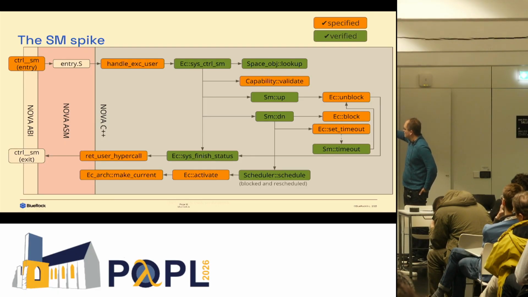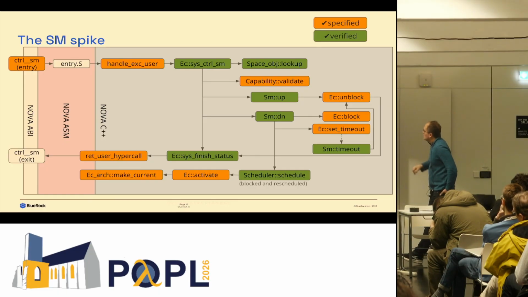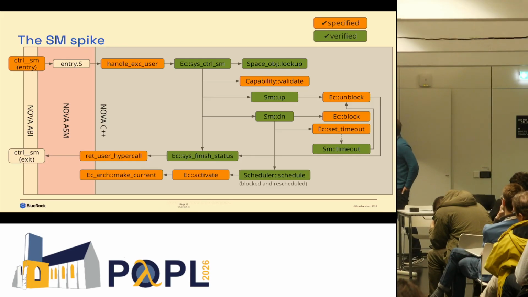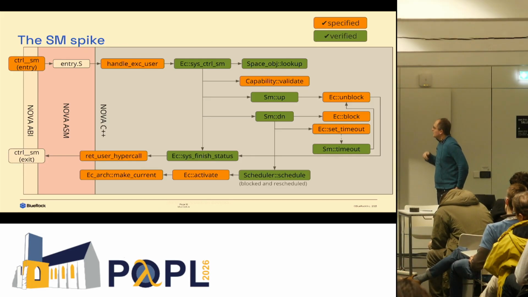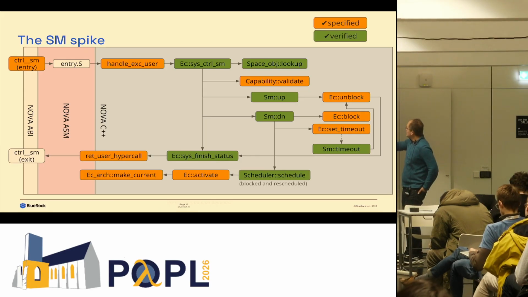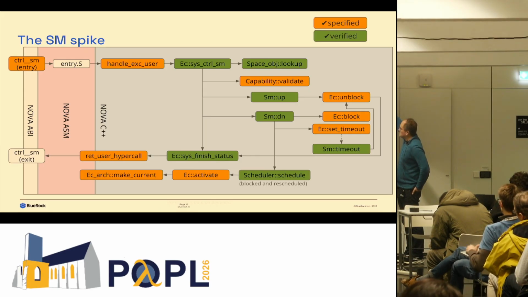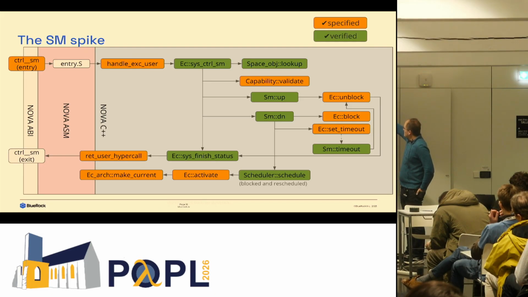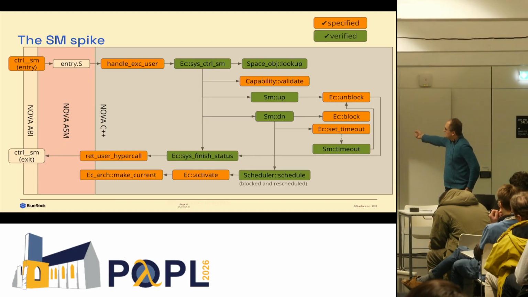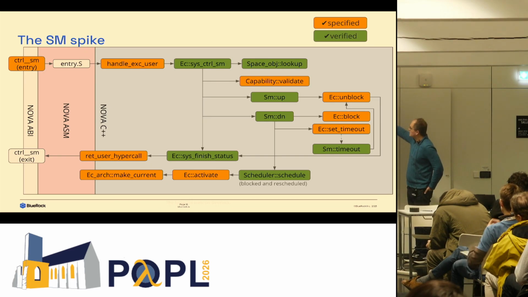So this is for semaphores. And we have verified the things in green against specifications of the things in orange, right? And why is it important? Well, if you were to verify EC unblock, you would need to go and verify the scheduler, which will start executing something else, which will ultimately end up back in the entire rest of the system.